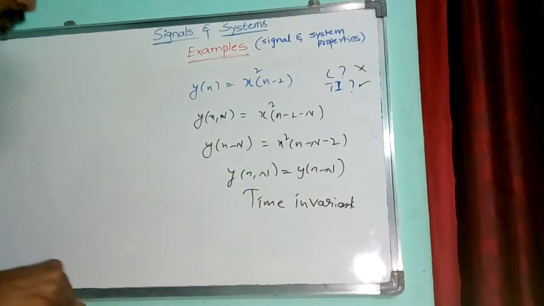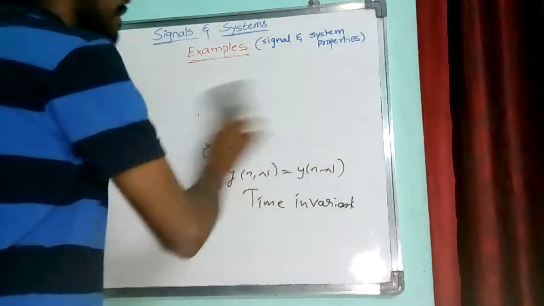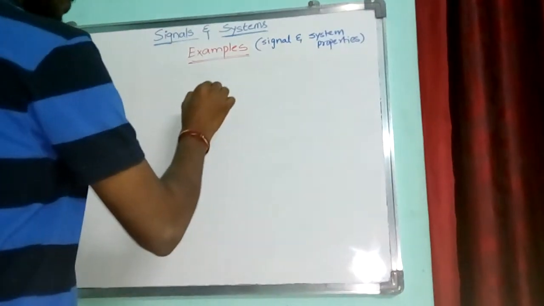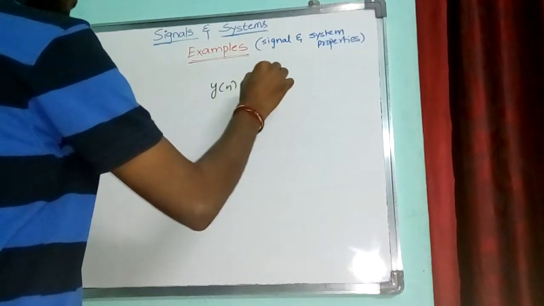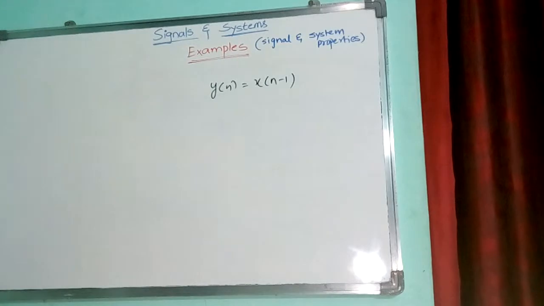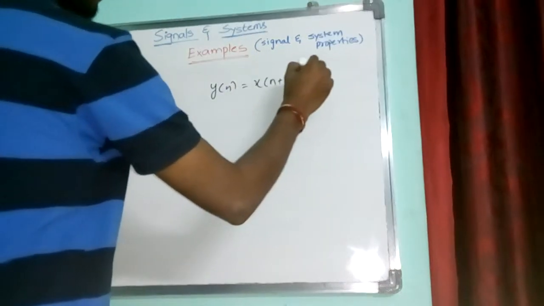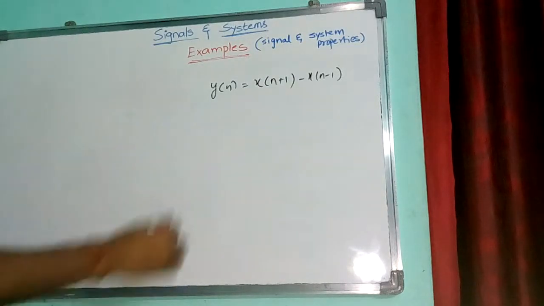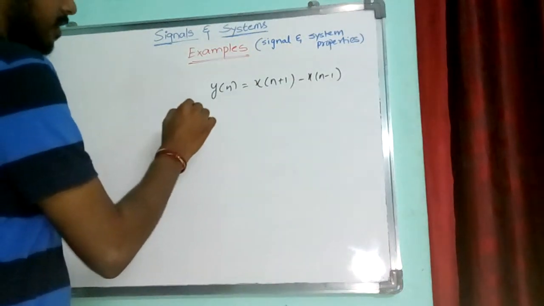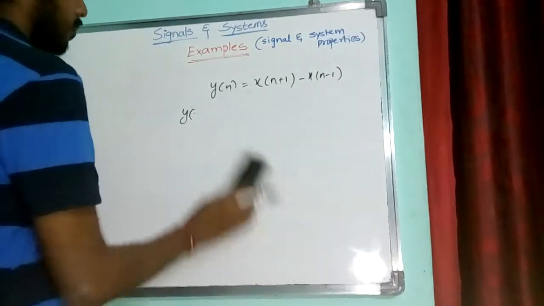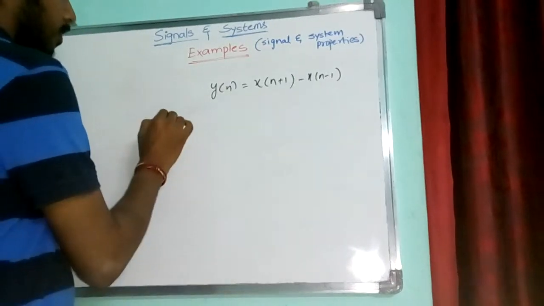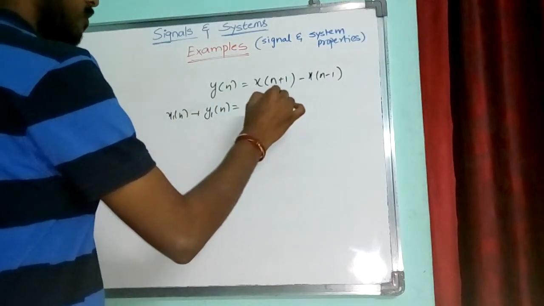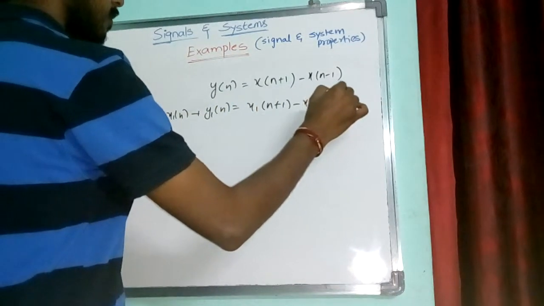Now, to be clear, I will consider even another example for this, which involves two different functions. So y of n is x of n plus 1 minus x of n minus 1. Here, first thing, consider the linearity. Whenever x1 of n is the input, y1 of n is the output, then my output is x1 of n plus 1 minus x1 of n minus 1.